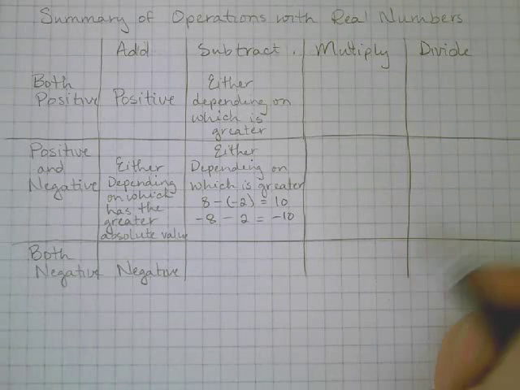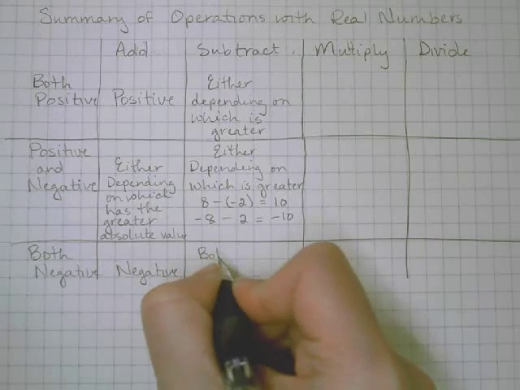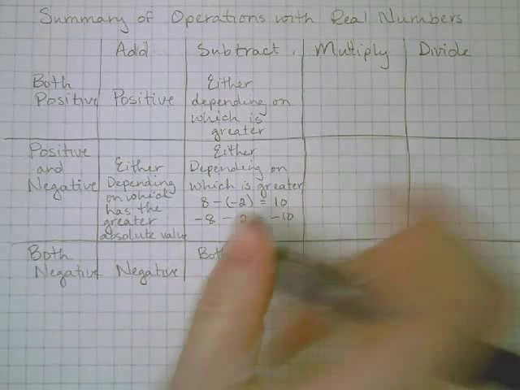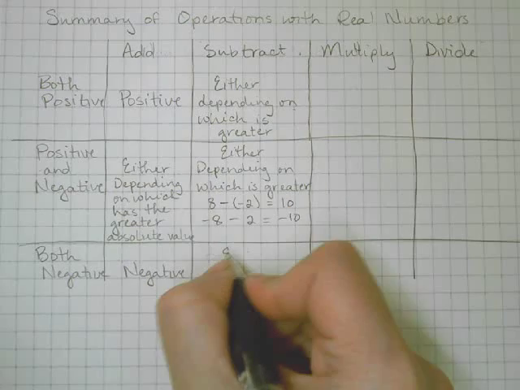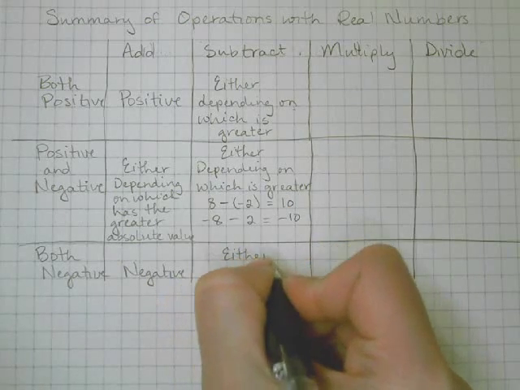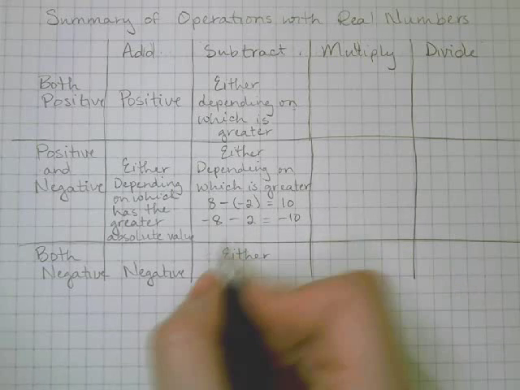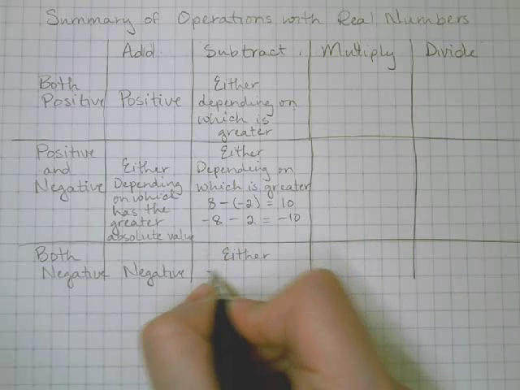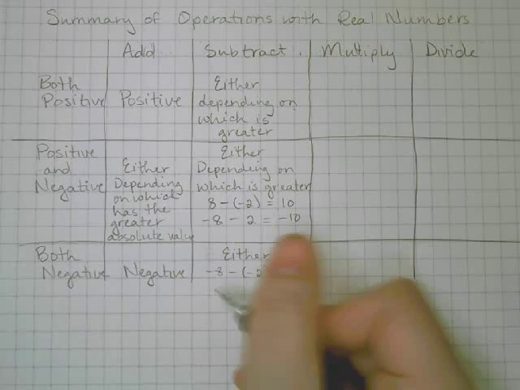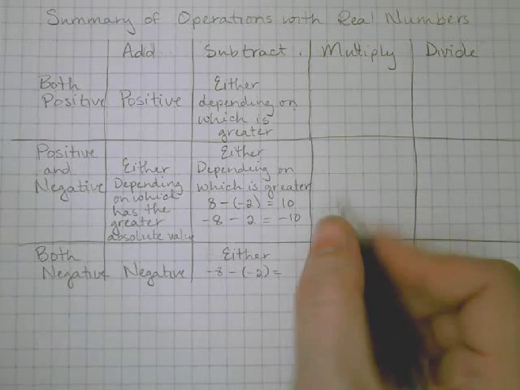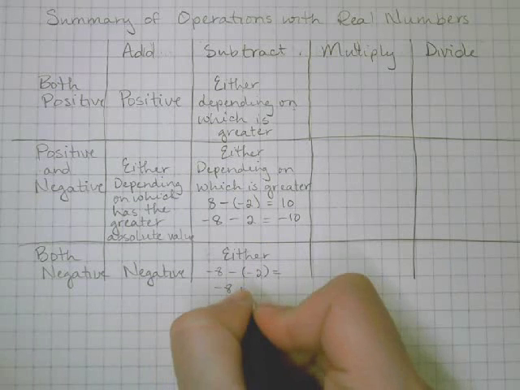If both are negative, once again, this is either, and again, that depends on which is greater. So if I have negative 8 minus a negative 2, that's negative 8 plus 2, which is negative 6.